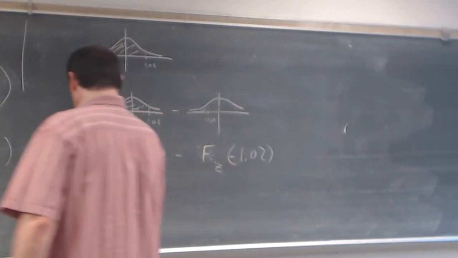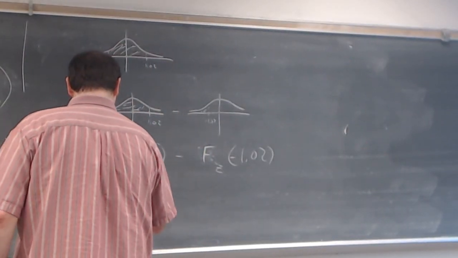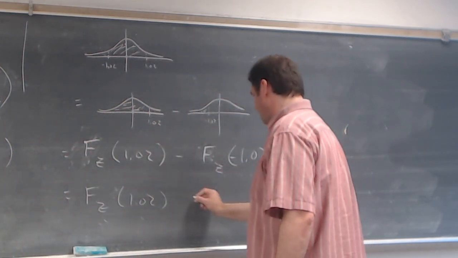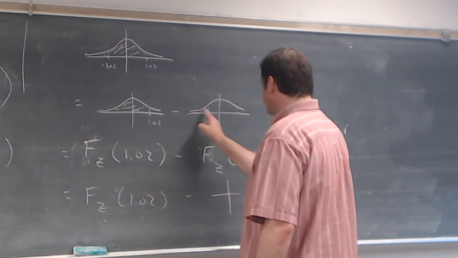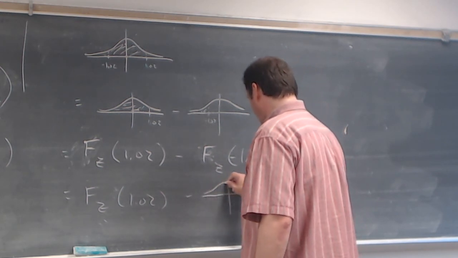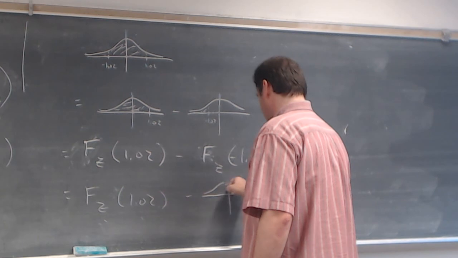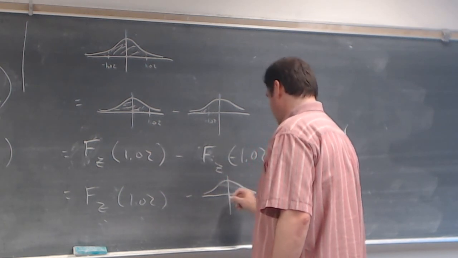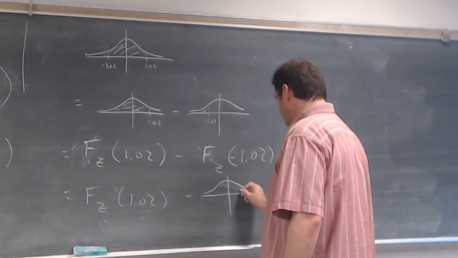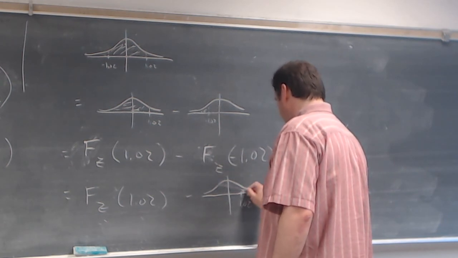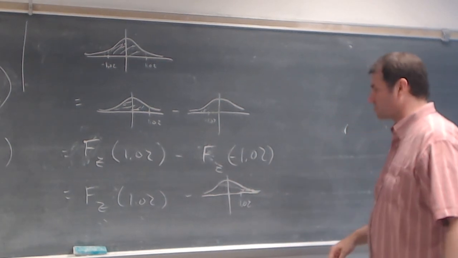Now, how do I represent this? Well, here's what I can say. This area over here, because of the symmetry of our PDF, well, I didn't draw it very symmetric that time. All right, let's say it's symmetric. So this area is really the same thing as this area to the right. So how would I describe that?